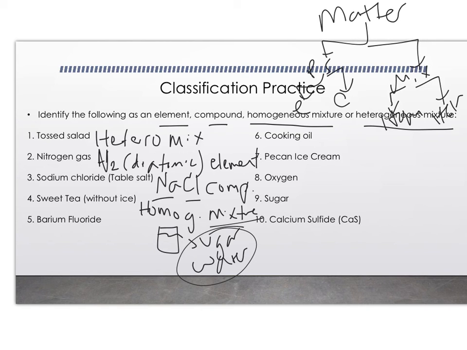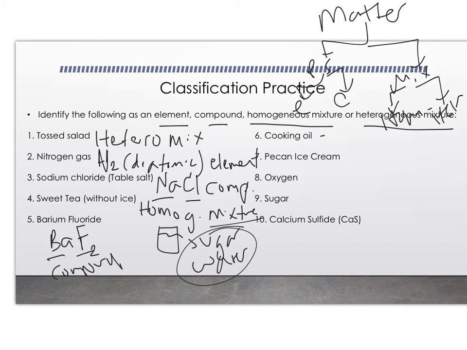It looks the same throughout, so it is homo. And then barium fluoride, where you have BaF2, there's one element, there's my second element, so this would be a compound.